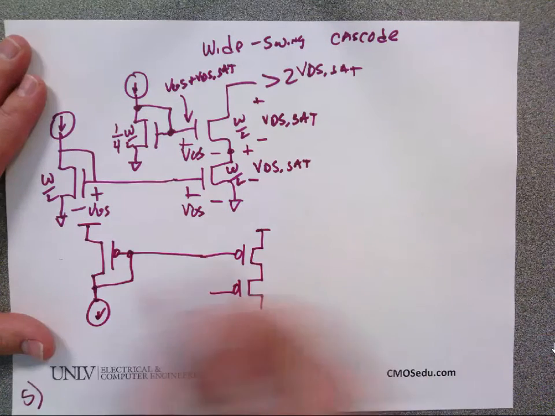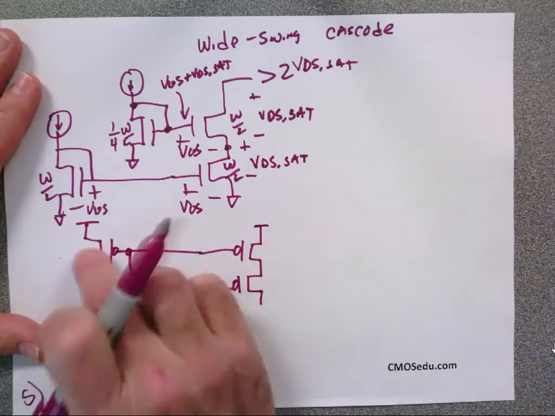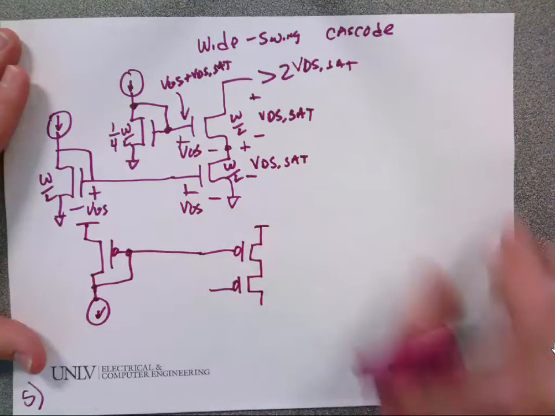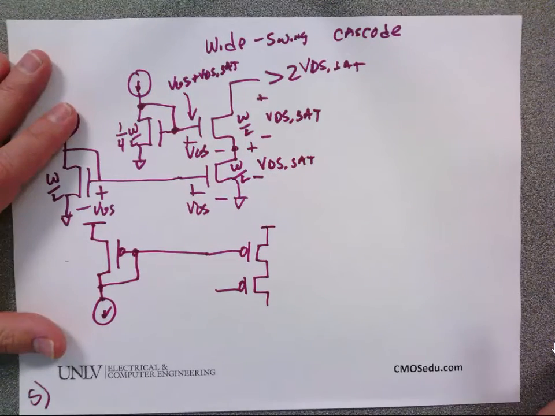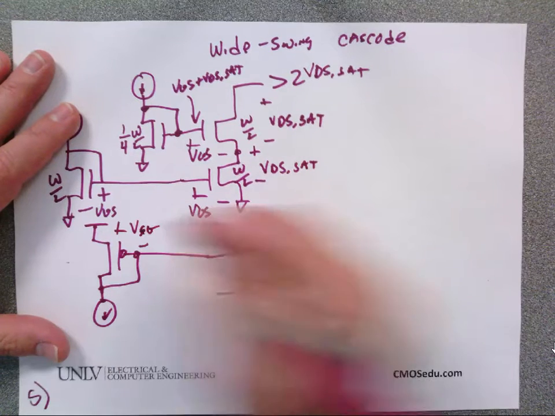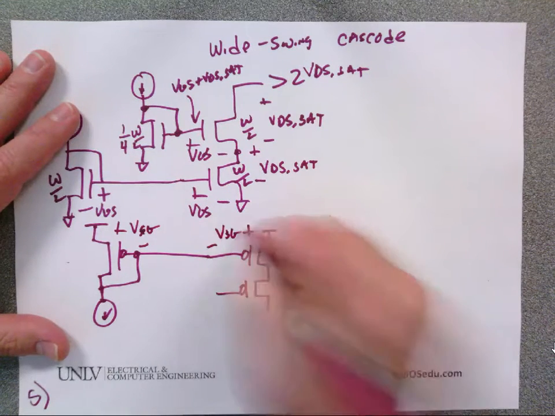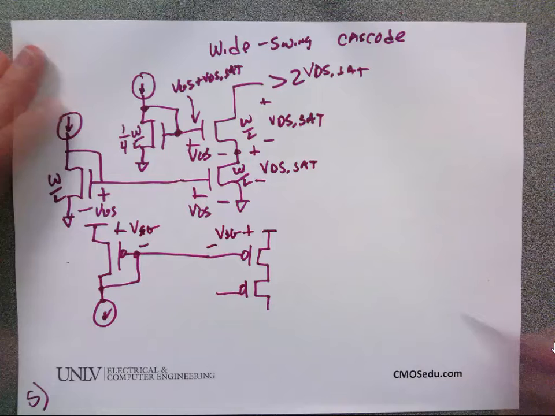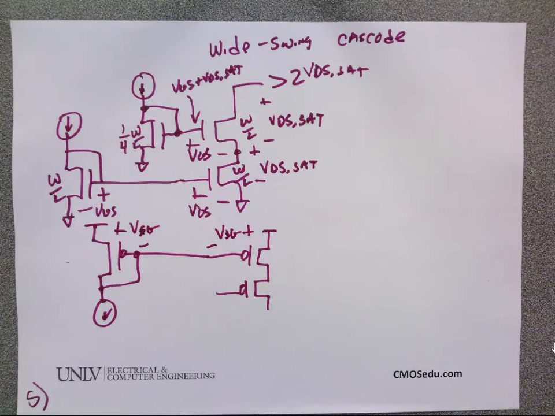What is this called? What's that? Current mirroring. It's just mirroring. I got VSG. I have VSG. It's a current mirror, PMOS current mirror. Anybody challenged by that? Would you say you were? By the way, I just asked it. Anybody challenged? Yes, I'm challenged.